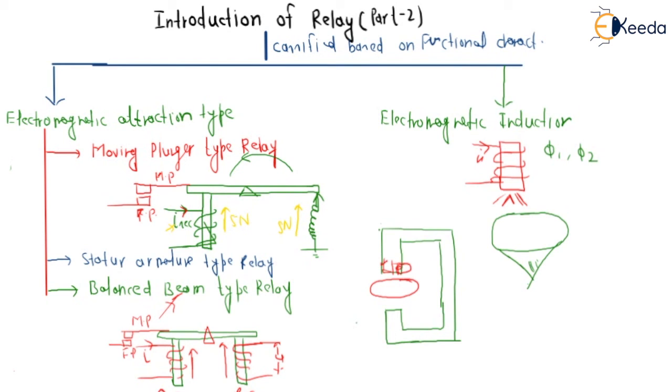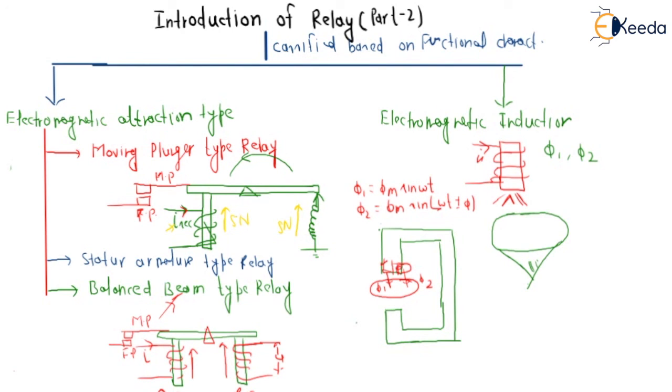If we write phi 1 equal to phi m sine omega t, the value of phi 2 will have the same magnitude phi m, but the angle will be a little bit different, omega t plus or minus phi. This gives the angle for torque generation. This phi 2 will produce the torque, and this will move the disk with the help of eddy currents.